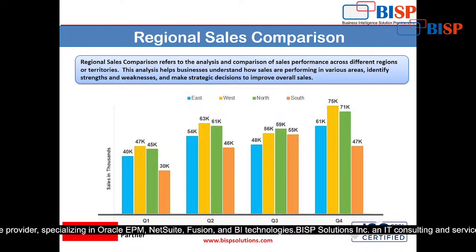In a particular city, for example, in summer season, the temperature is very high, but still the sale is low. And at the same time, in another city, the temperature is not that high, but sale is growing very high.